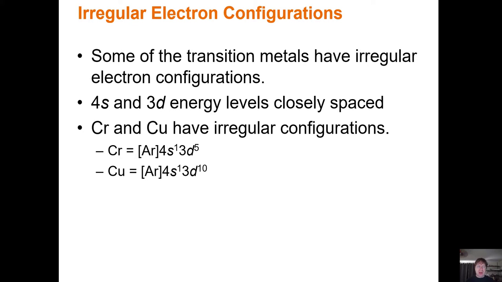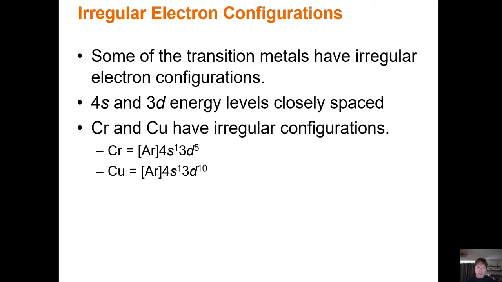If you think about what those electrons are doing, mainly the Pauli exclusion principle, what you'll see is that if you have D5, each of those orbitals has one electron. That's very stable, to have everything with one electron, even if 3D is a little bit higher than 4S in most cases. To have everything halfway full is more stable.